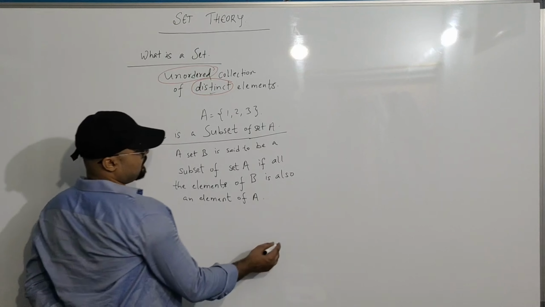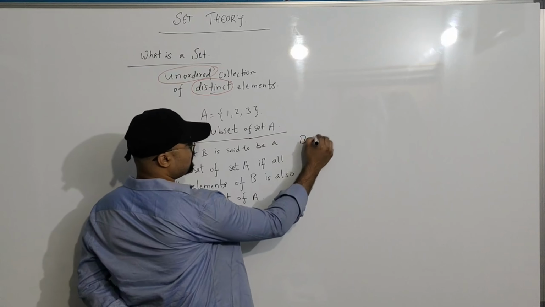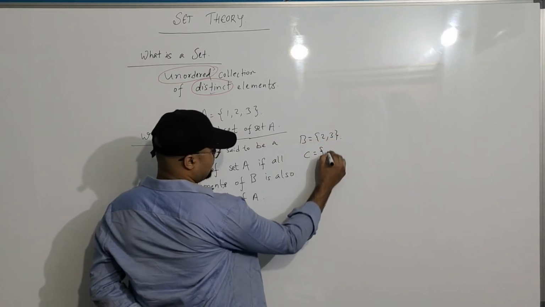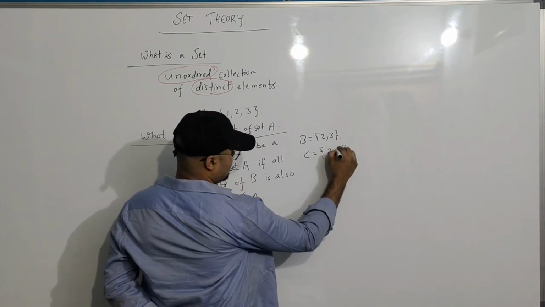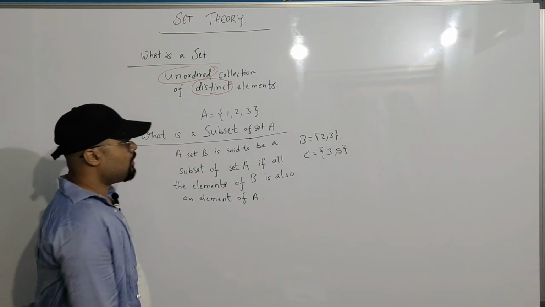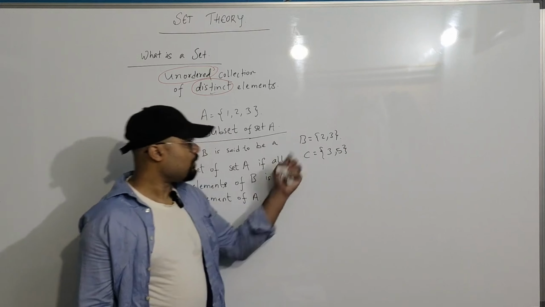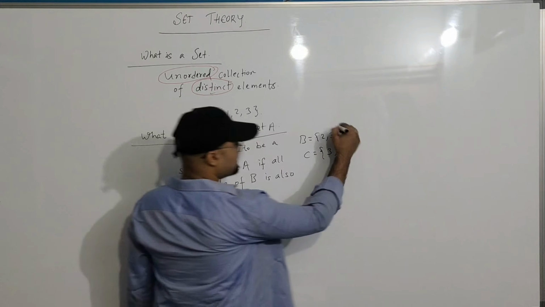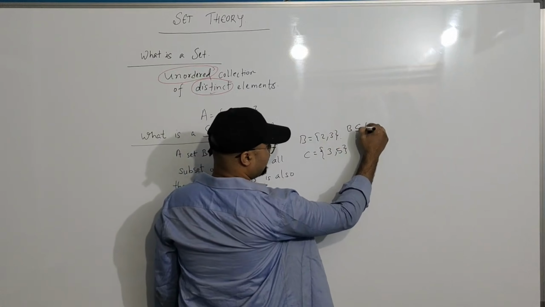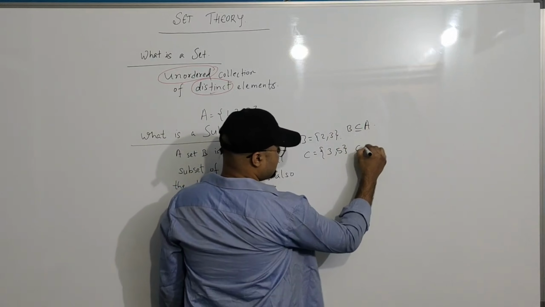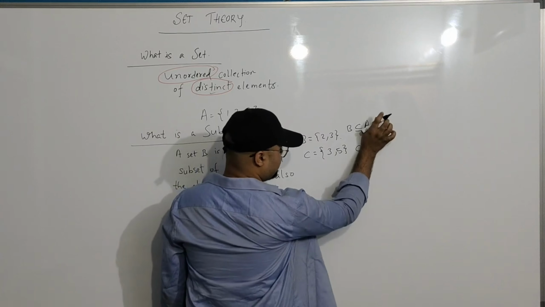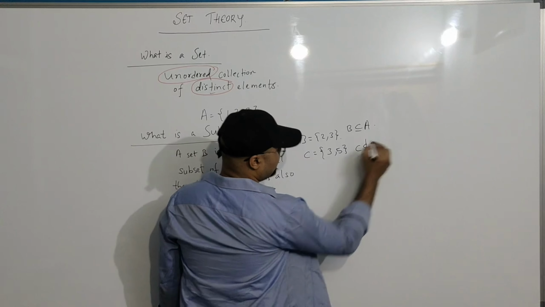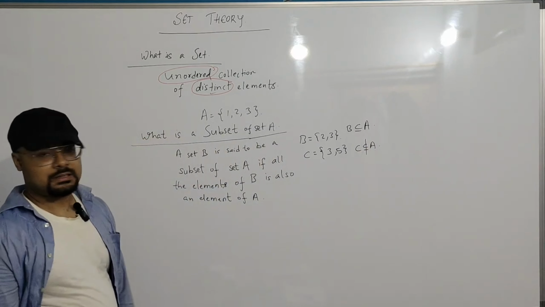So take two sets, B is equal to 2, 3 and C is equal to 3, 5. Out of these two sets, B is a subset of A, but C is not a subset of A. Why?